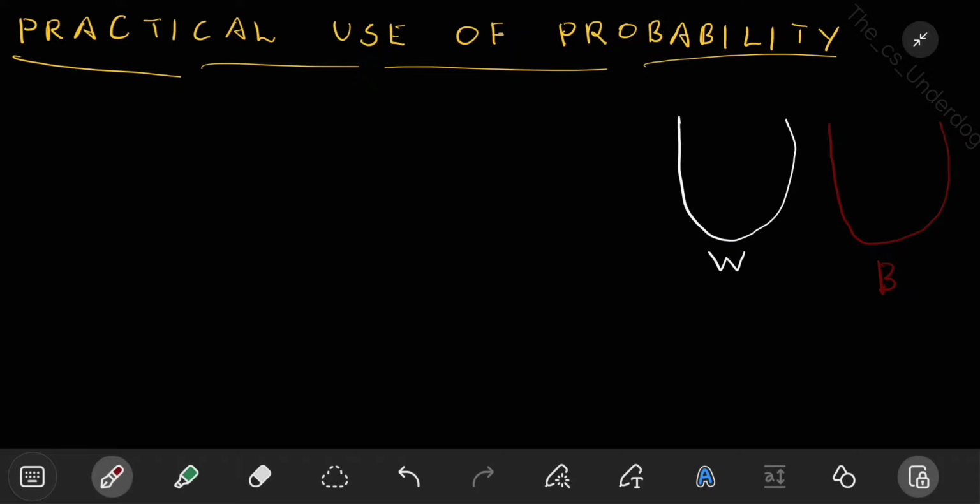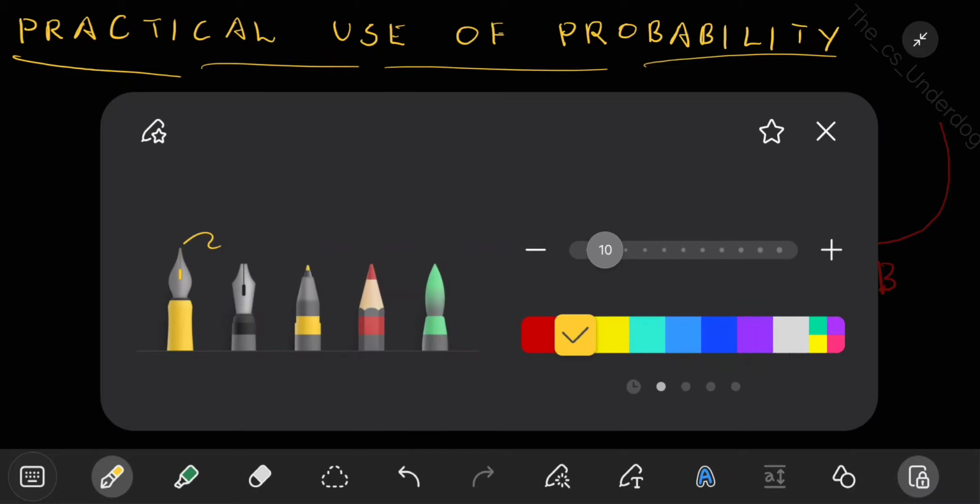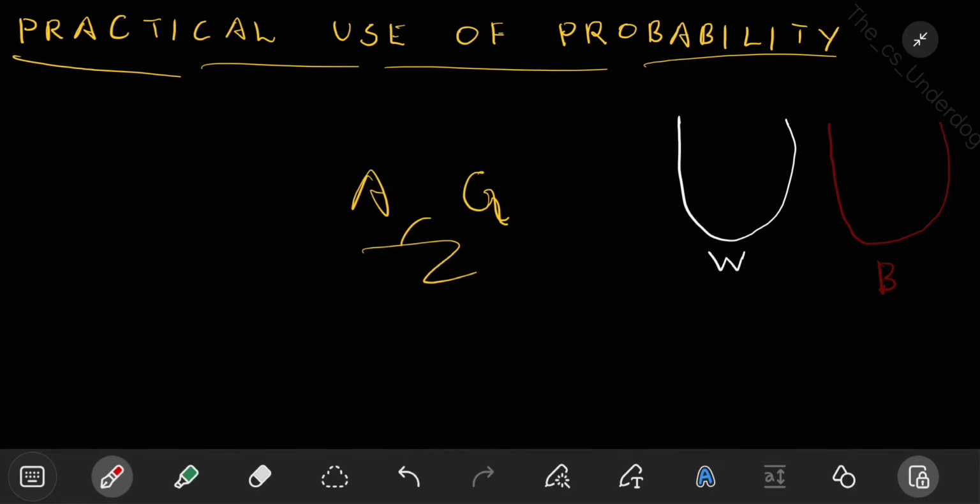In these bags, let us say you have fruits. Let the fruits be apple and let's say guava. These are the two fruits. Apple is red. So let us say there are 3 apples in the white bag and 2 apples in the brown bag. And what about guava?